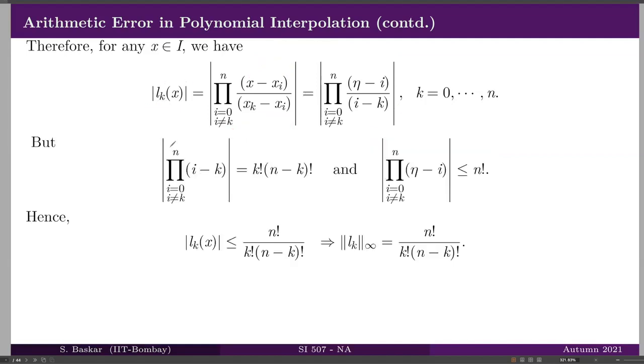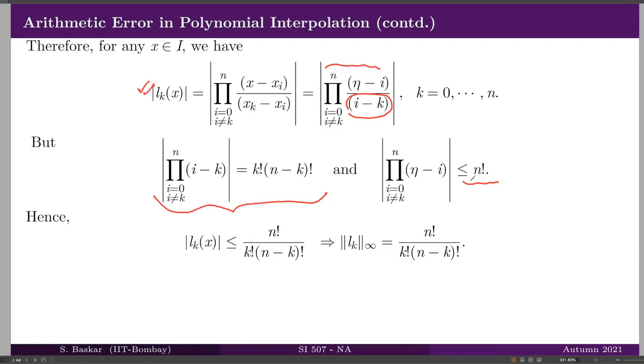In this, you can always write the denominator term as k factorial into n minus k factorial. This is a well-known elementary formula. And similarly, the numerator can be dominated by n factorial. Once you use these two facts in the definition of the Lagrange polynomial Lk of x, we can see that mod Lk of x is less than or equal to, why less than or equal to?